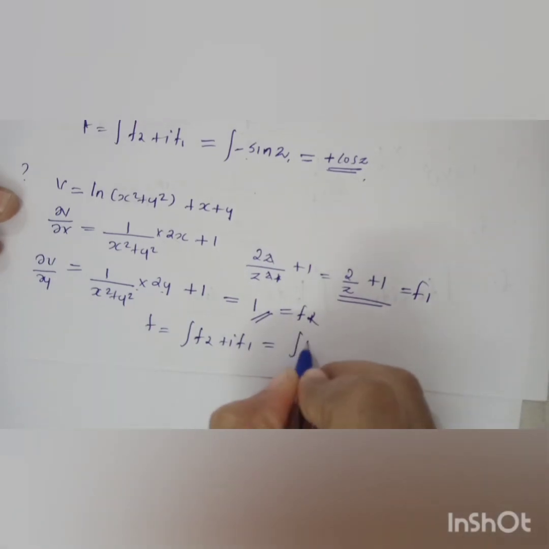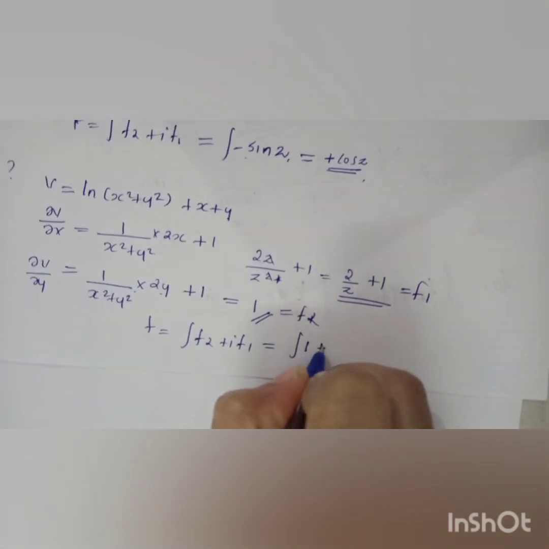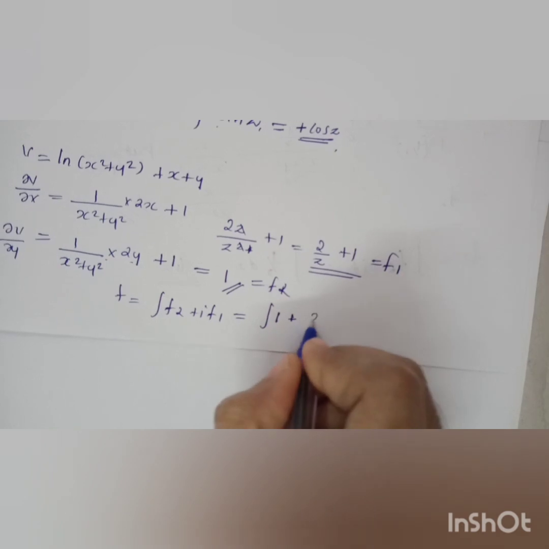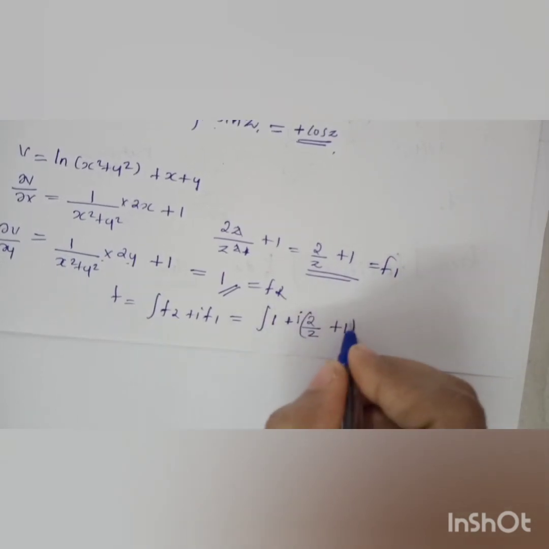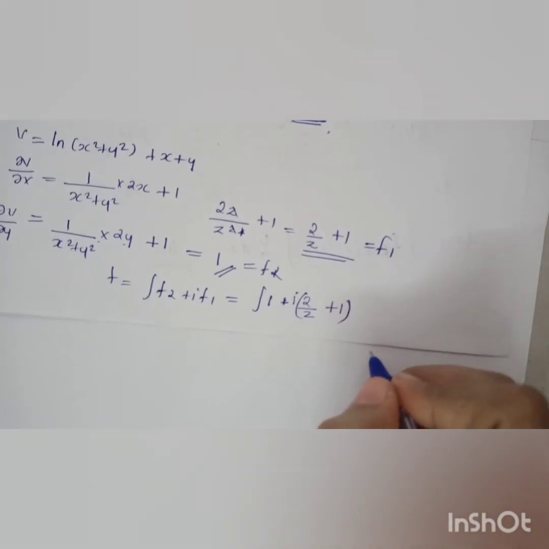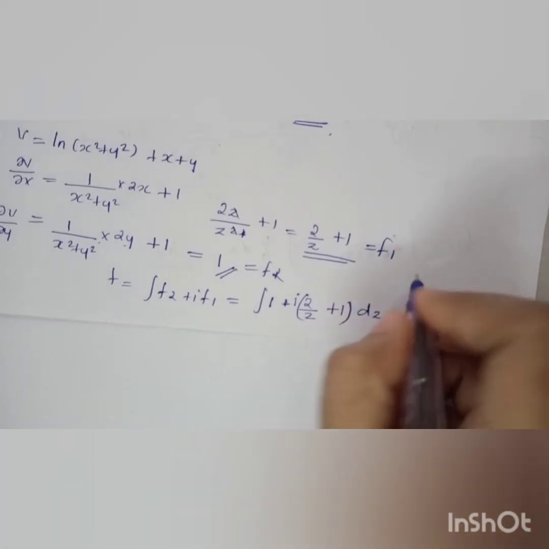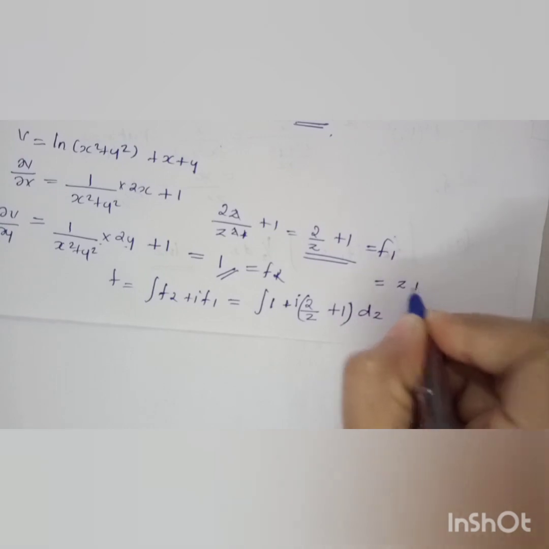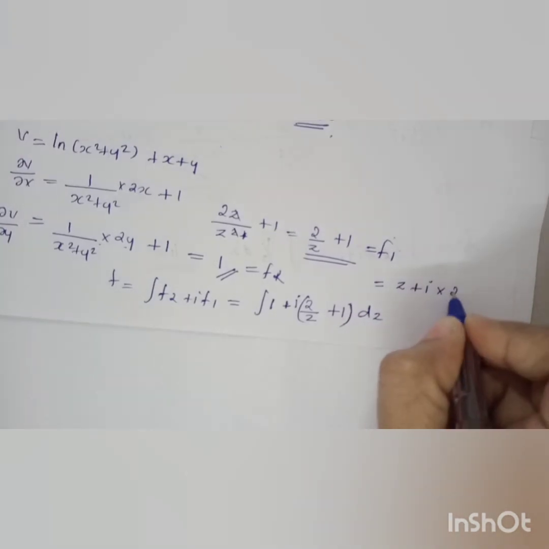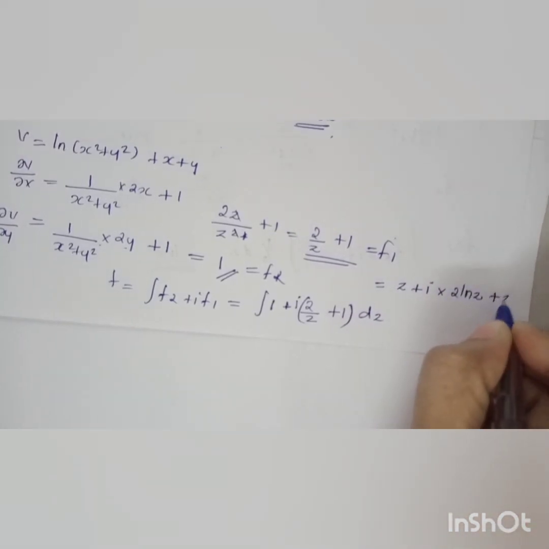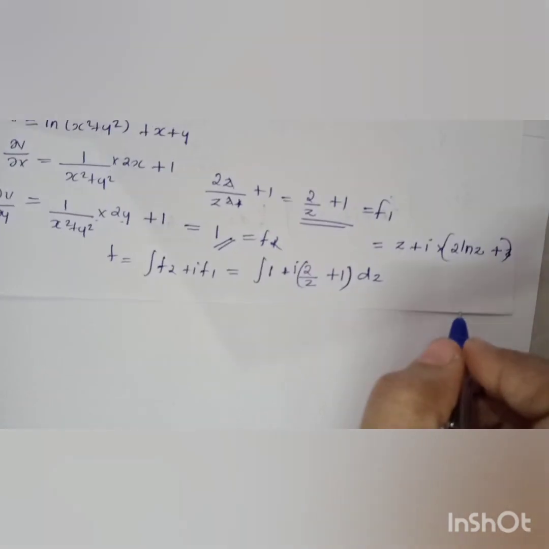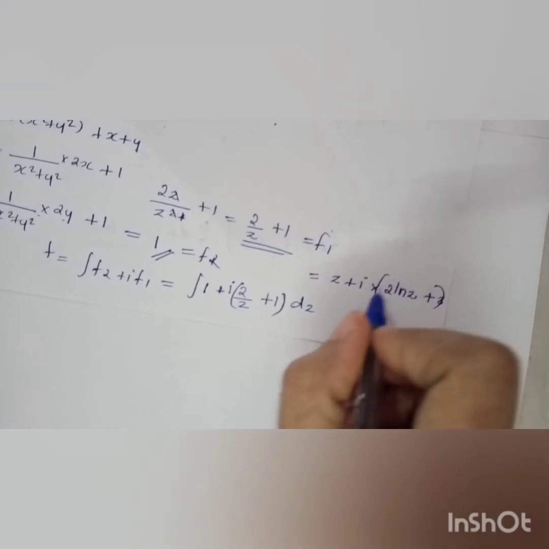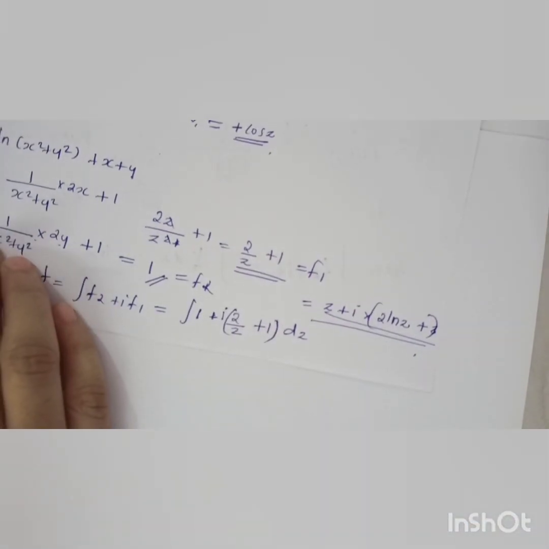So 1 plus i into 2 by z plus 1, integral of 1 plus i into 2 by z plus 1 dz. So that is z plus i into 2 log z plus z. So this is the function we got from this v of x comma y.